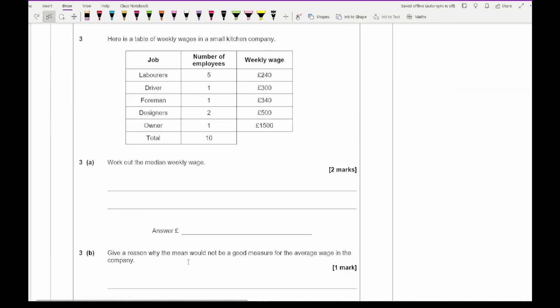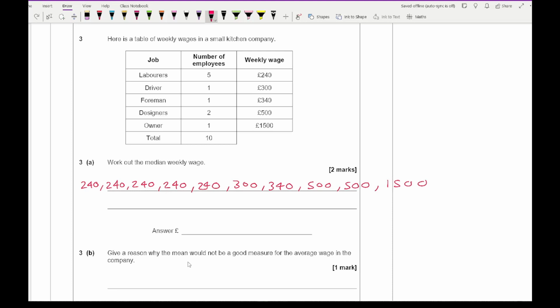Moving on to question 3, it says here is a table of weekly wages in a small kitchen company. Work out the median weekly wage. Now for this, because I've only got 10 numbers, I could easily write the numbers out in total. So I've got 5 240s, 1 300, 1 340, 2 500s, and a 1500.